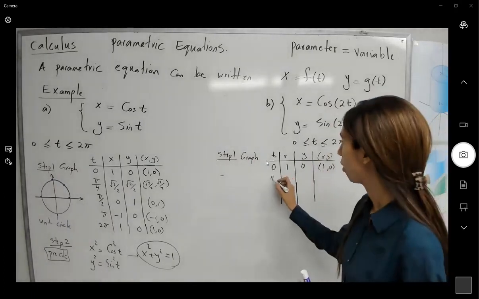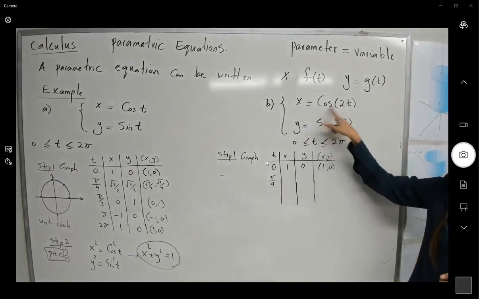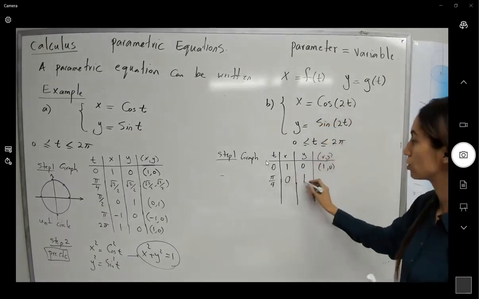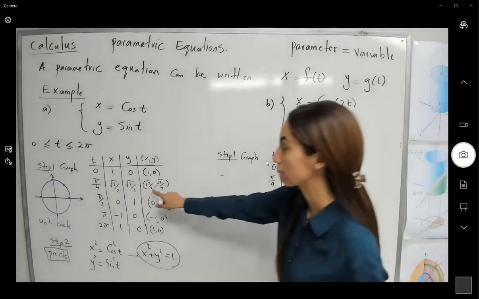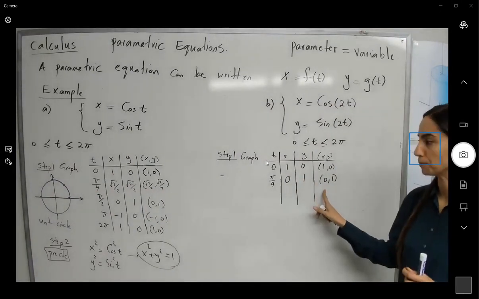If I plug in pi over 4, what do I have? I have cosine of pi over 2, which is 0, and sine of pi over 2, which is 1. 0 and 1. Instead of being halfway here, this one is at 0 and 1.